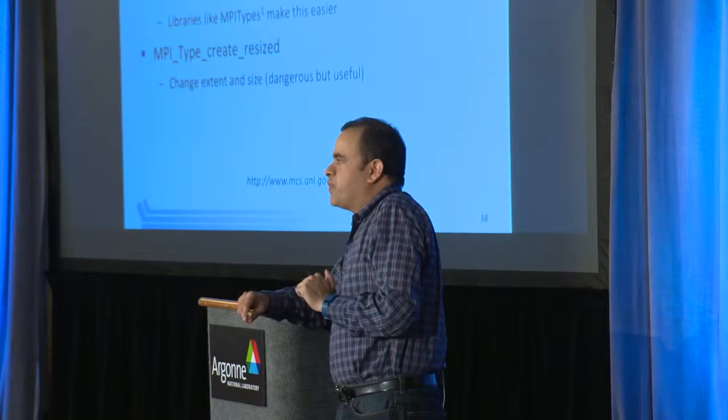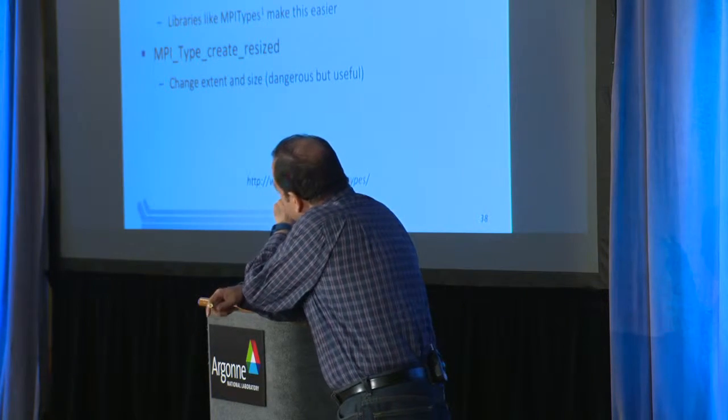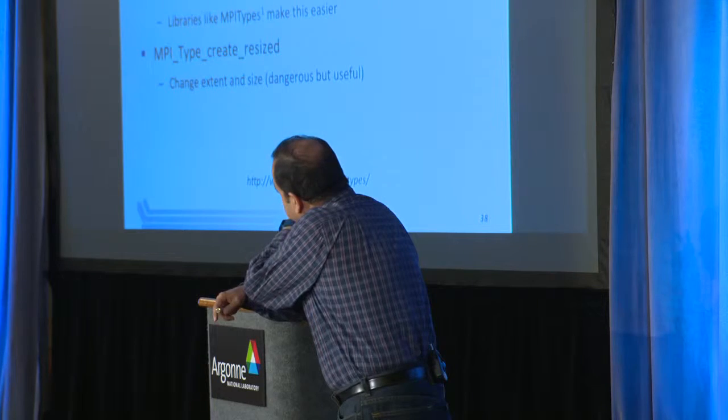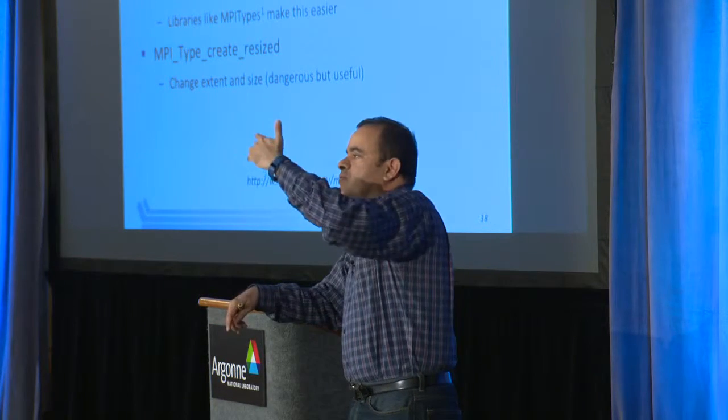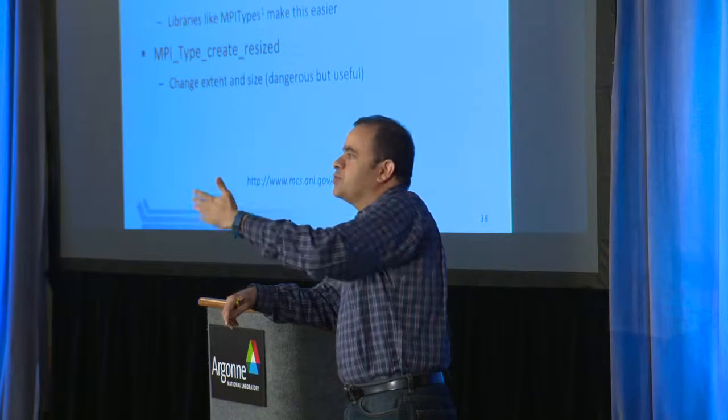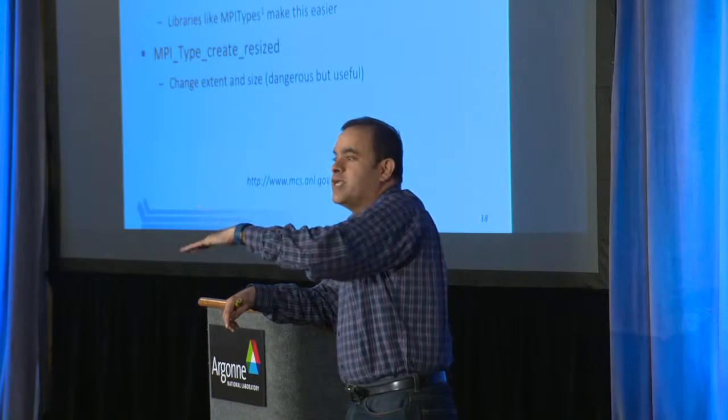Now there are other functions which are useful more for library developers, and that is, given a data type handle, how do you know what that data type represents? Let's say a user created the data type and a library other than MPI needs to know what that means, because MPI knows, since you've called MPI functions. So there are functions called MPI type get envelope and type get contents that effectively return the set of parameters that the user had passed to the data type creator function.